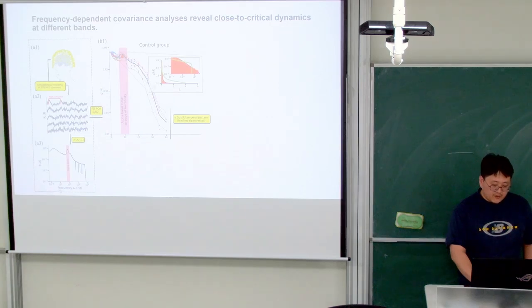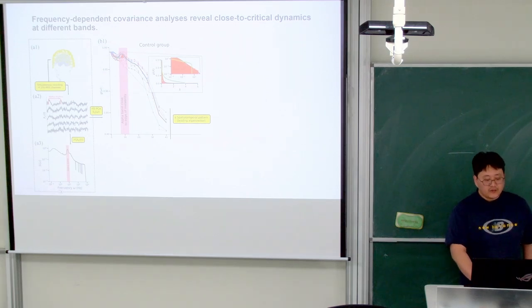Then in this profile, I think the alpha frequency is corresponding to about 10 hertz, right? 10 hertz frequency, isn't it? So in this frequency range, they get some peak here.